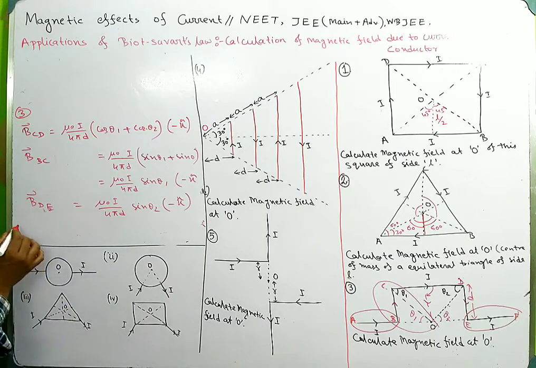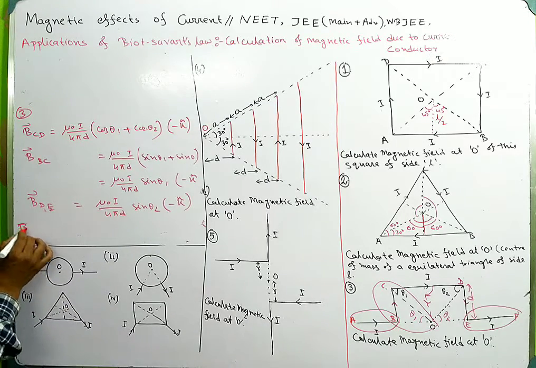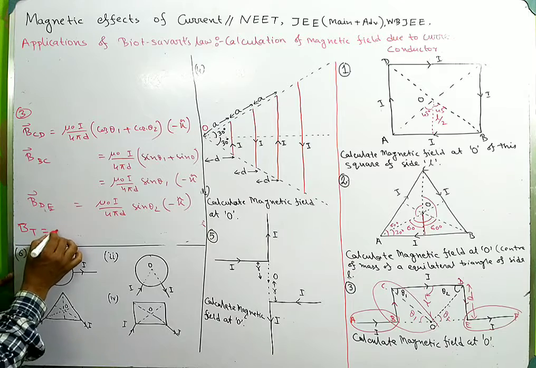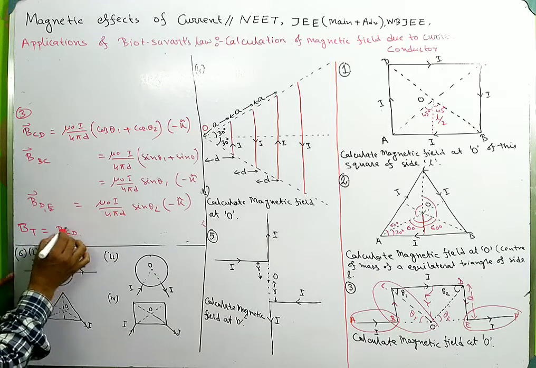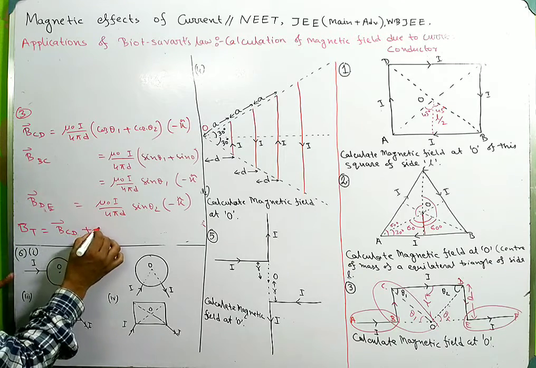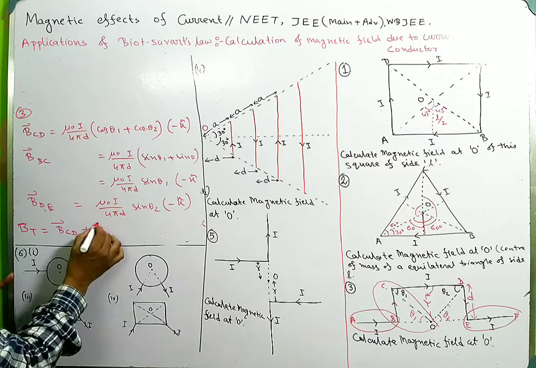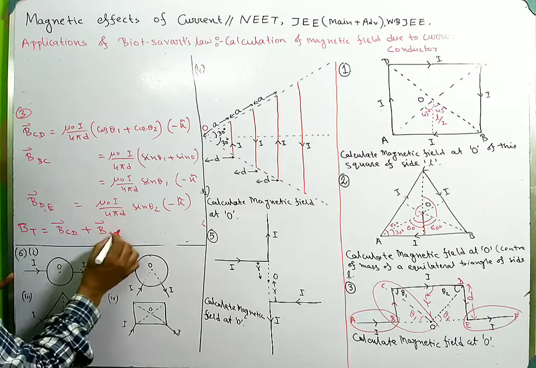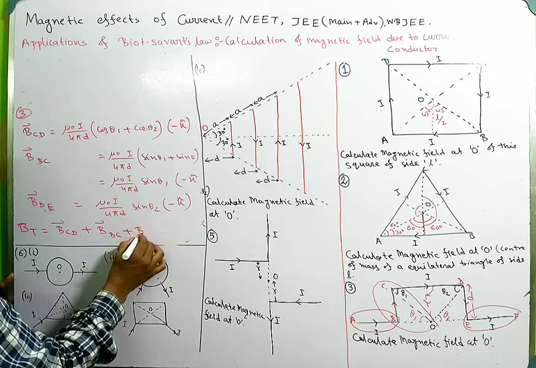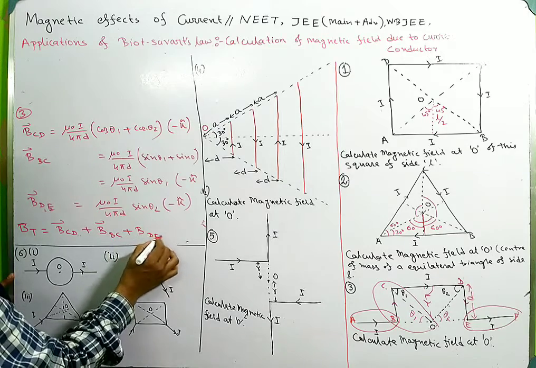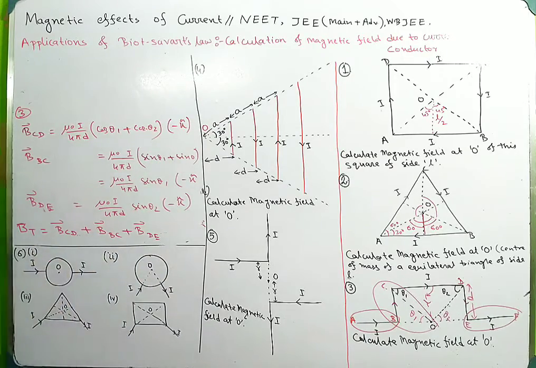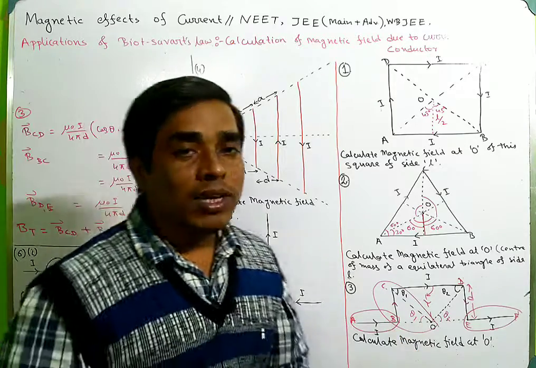So the total magnetic field will be that of CD plus the magnetic field due to BC, plus the magnetic field due to DE. If you add these three terms, then the magnetic field at O will be calculated.